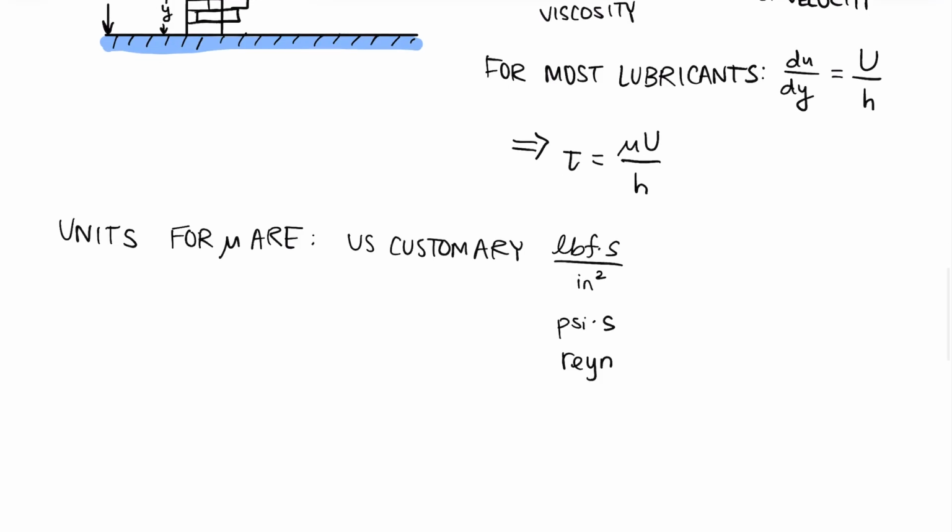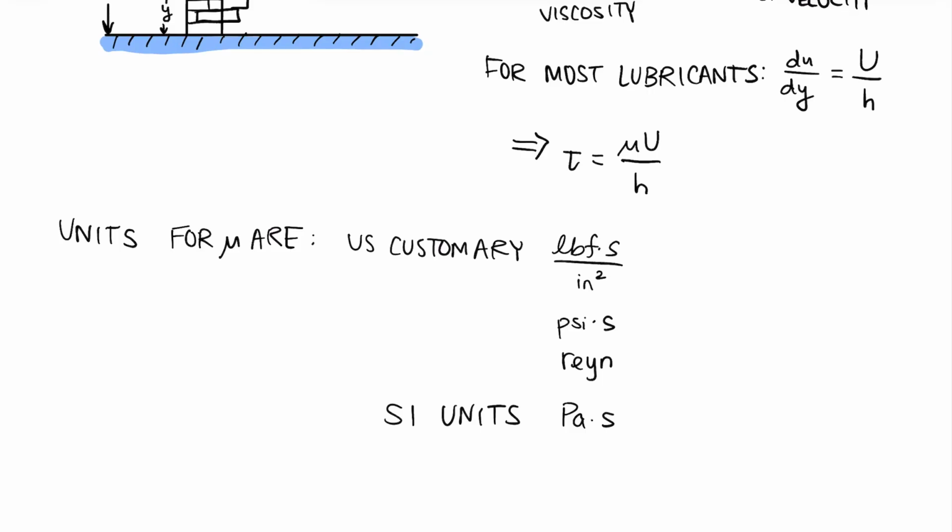A reyn. In SI units, this will just be a Pascal second. And you will probably see prefixes in front of each of these. Often we will see a micro reyn, or a micro psi second, and for Pascal seconds, we will see milli Pascal seconds.